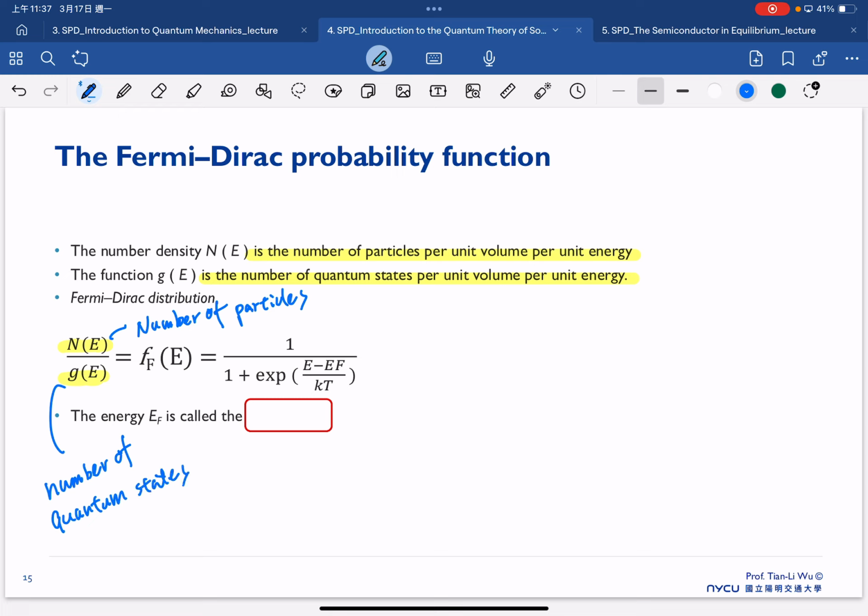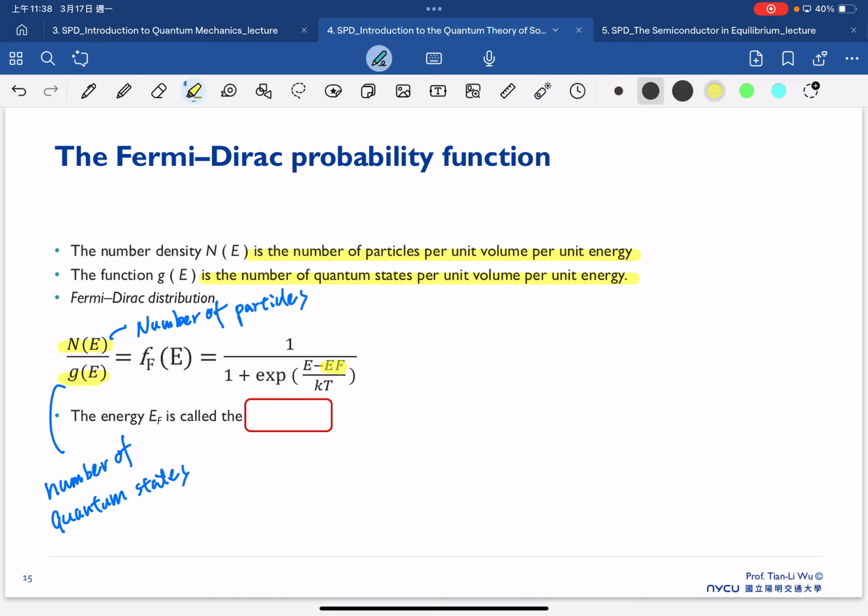I think the probability just depends on how many particles over how many states, right? How many total states is equal to the number of available quantum states, because the base case is that each quantum state is filled with one particle, so that's the total number. So the top one is the number of particles, and the bottom one is the number of quantum states, and this ratio can be considered as the Fermi-Dirac probability function.